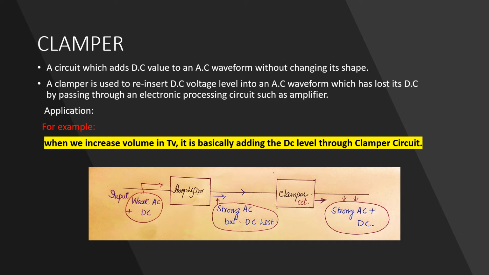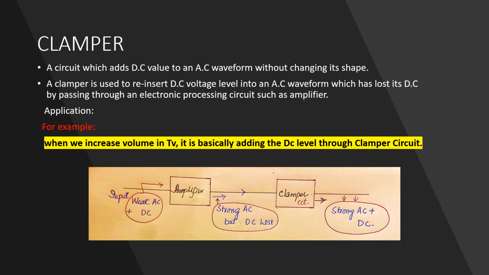A clamper is used to reinsert, re-improve or add DC voltage levels into an AC waveform, either in the upward direction or in the downward direction, which has lost its DC by passing through electronic processing circuits such as amplifiers. It means a clamper circuit is used to reinsert DC voltages into AC waveforms where required.